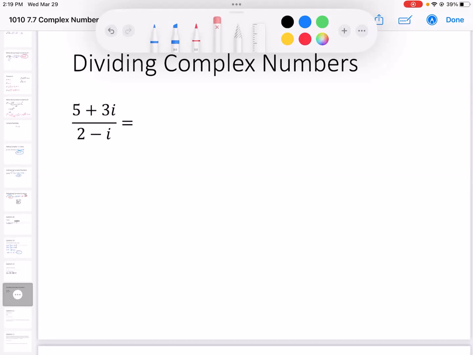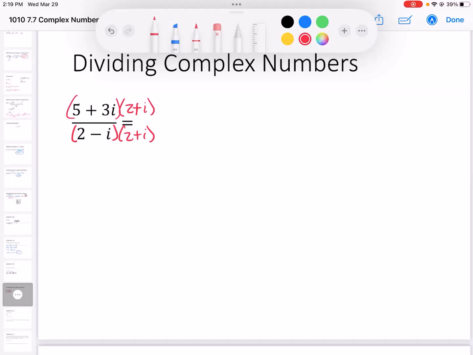Basically what that looks like is we say, okay, what's the conjugate of 2 minus i? It's technically called the complex conjugate because you're working with complex numbers. What is it? Perfect. Yep, so 2 plus i is the conjugate, so I'll multiply the top and the bottom by it.